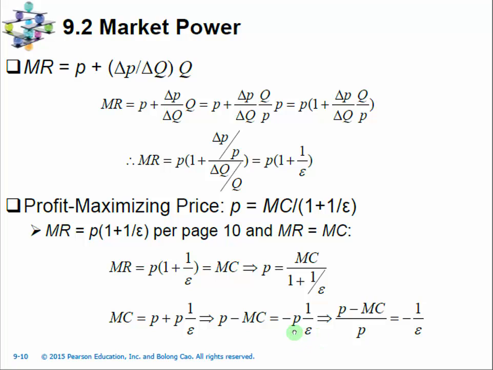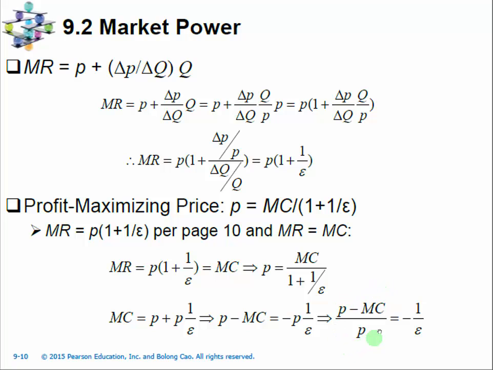We further divide by the price on the left-hand side of this equation. We get price minus the marginal cost, basically the markup, as a portion of the price, (P minus MC) divided by P, equals the negative of the inverse of the price elasticity of demand. And this is the formula for the Lerner Index.